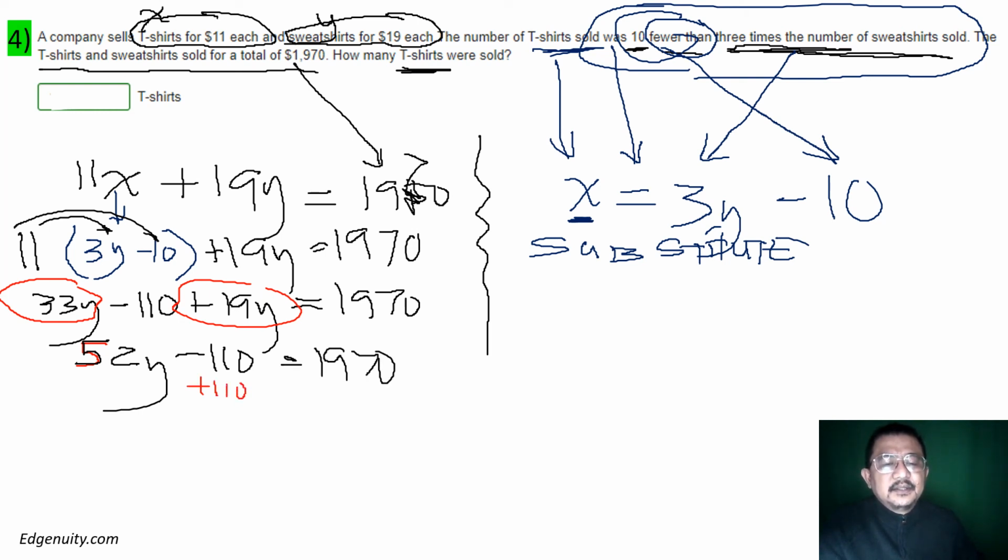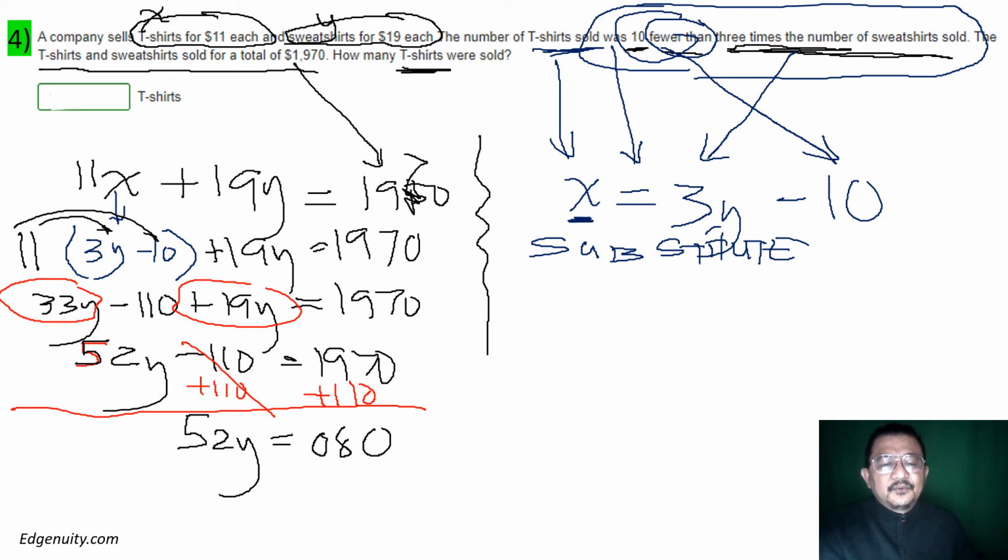Plus 110, plus 110, that cancels out. 52Y is equal to 2080. All right, the last step is divide by 52, divide by 52. Okay, Y is equal to 2080 divided by 52, which is 40. So what's the meaning of that?